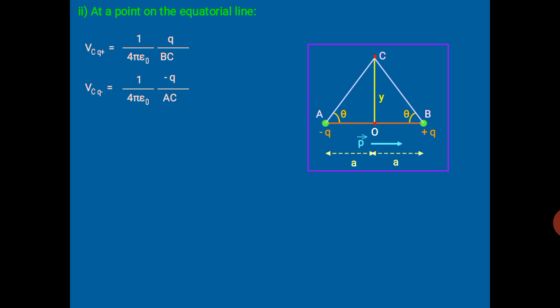The net potential is simply the sum of these two, with 1 upon 4 pi epsilon naught common, and since AC equals BC, we get the electric potential as 0. You can take the point anywhere on the equatorial line, and we get the potential as 0.